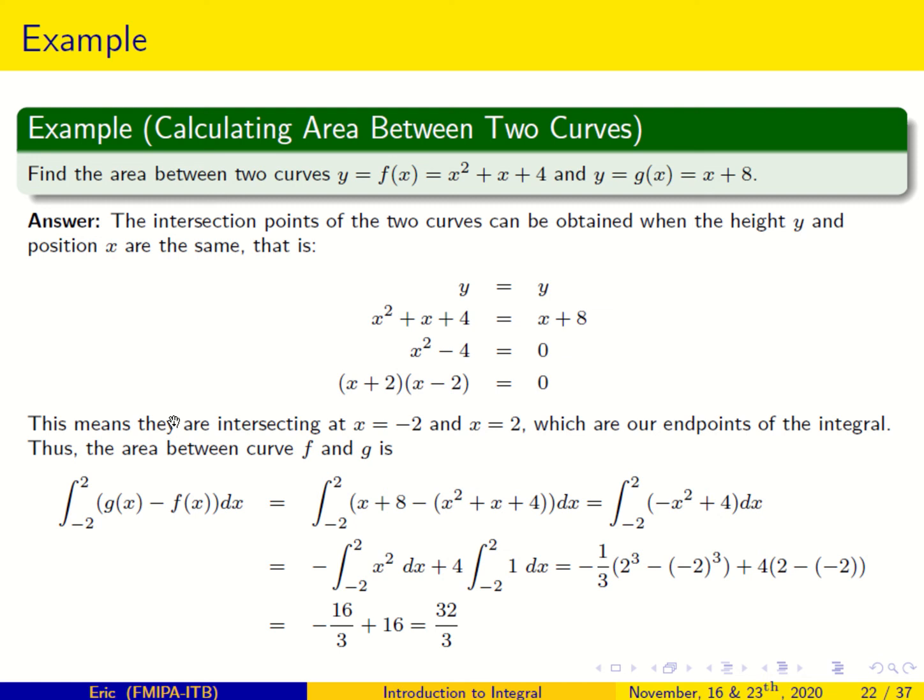The height is g(x) minus f(x), depending on which one is upper and which one is lower. So the height is upper minus lower, times the width. I can calculate this integral by using the previous lecture.